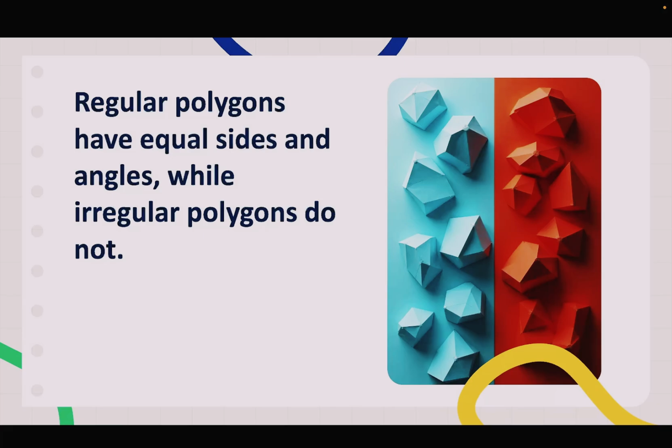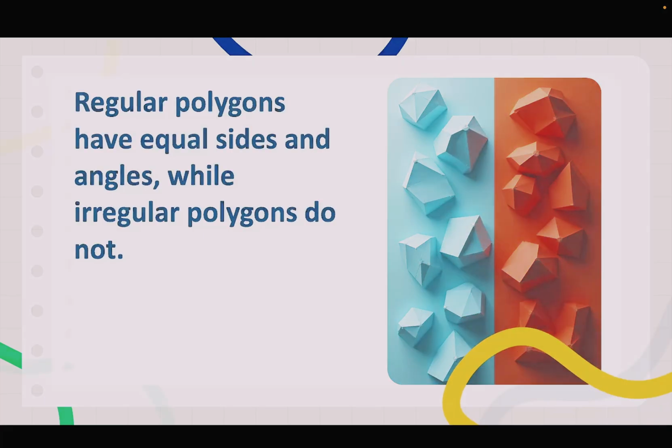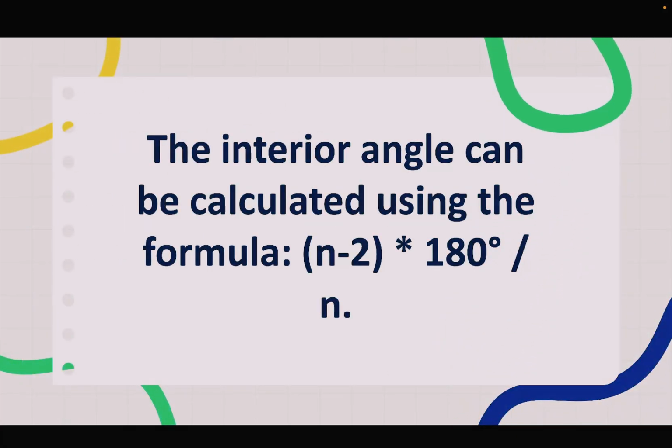Irregular polygons are any random polygons that are not regular, or that don't have equal sides and angles. For the second question, how can you calculate the internal angle of a regular polygon, you use the formula (n minus 2) multiplied by 180, divided by n.